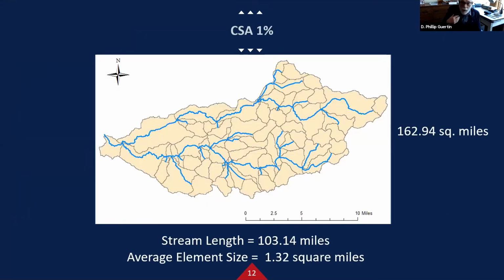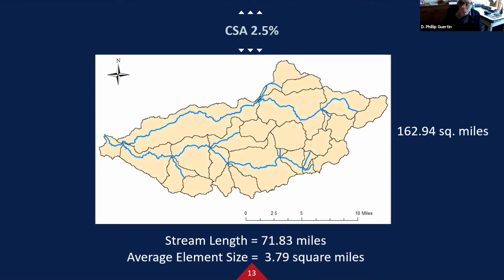I'm just going to go through a few slides so you can see. For example, here's a watershed in the Sierras where the CSA was 1%. It had a stream length of over 100 miles, and the average element size was 1.32 square miles.